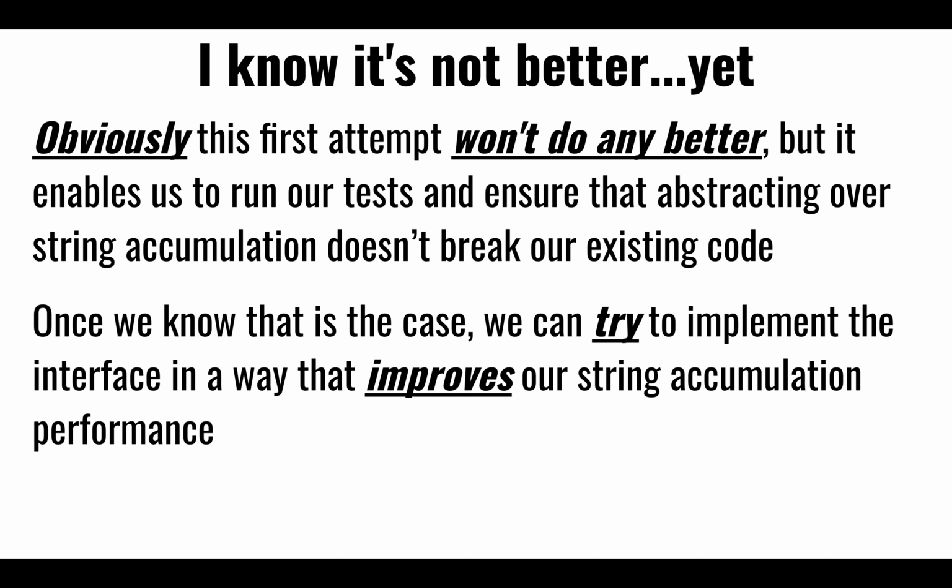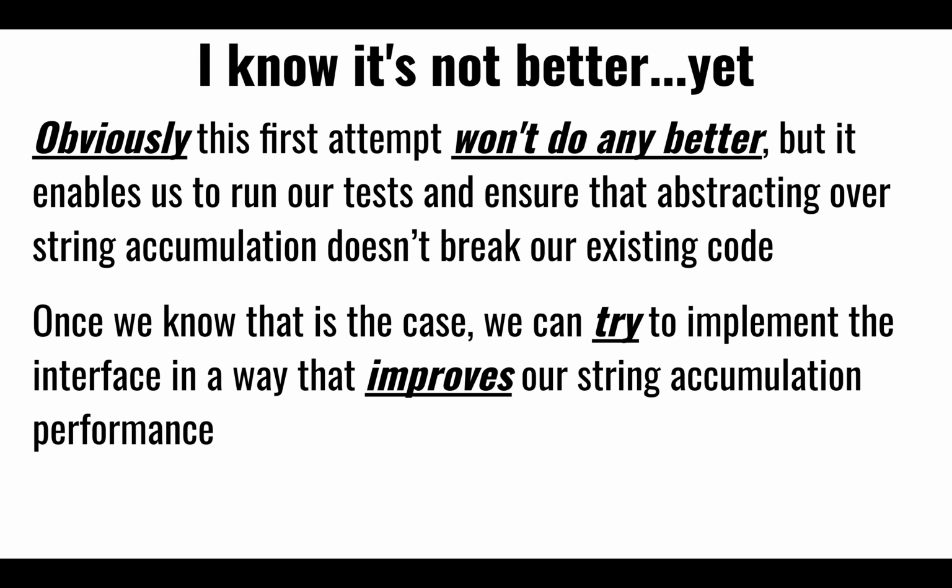If we run the benchmarks of this implementation versus the old one, we'll probably get the same exact shape of curve, and even the constant factor is probably the same. But now that we have a generic interface, we're free to explore other implementations other than just out-of-the-box concatenation.